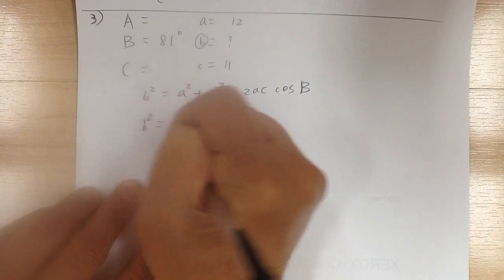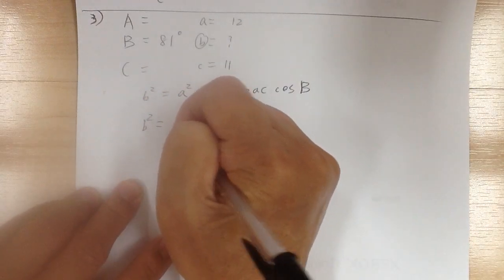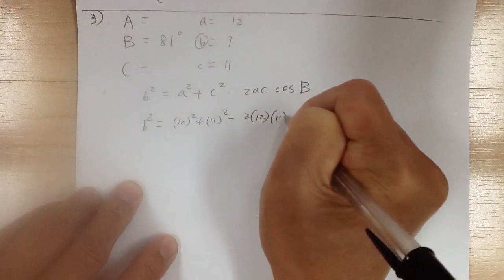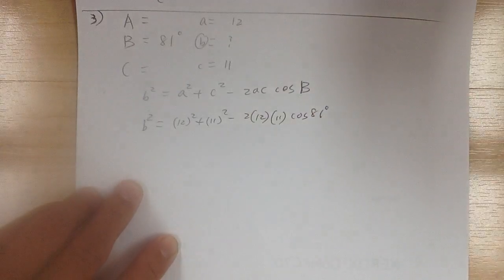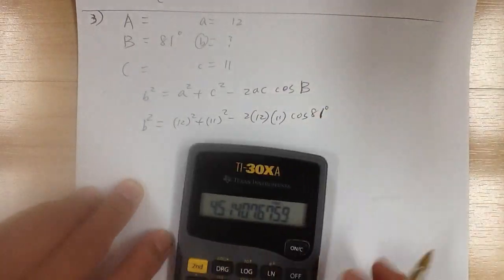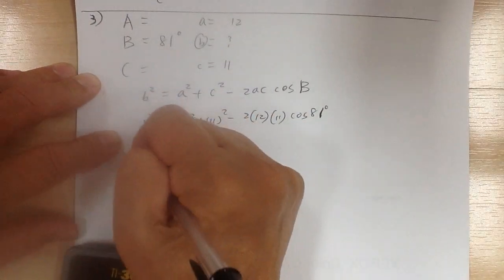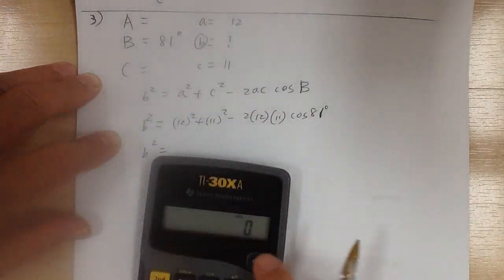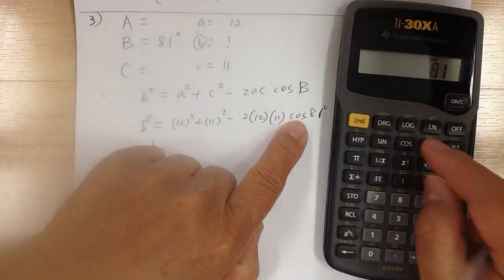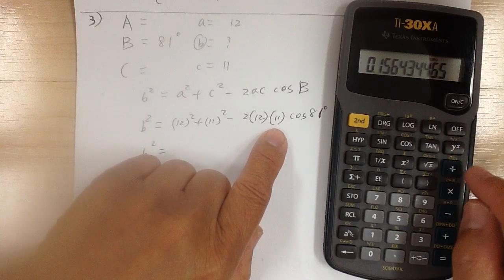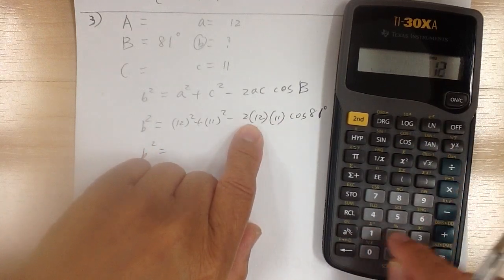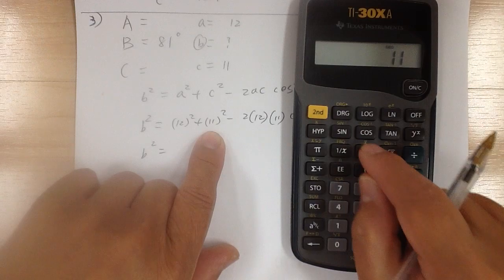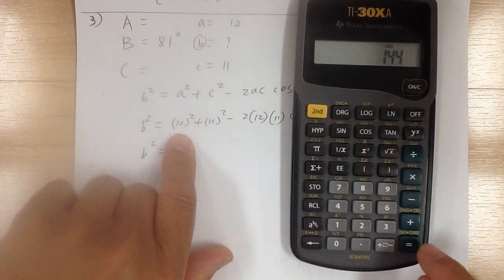So you have B squared equal to 12 squared plus 11 squared minus 2AC cosine of 81 degrees. Since I'm using the calculator, let's do this: 81 cosine times 11 times 12 times 2, negative, plus 11 squared plus 12 squared, equal.